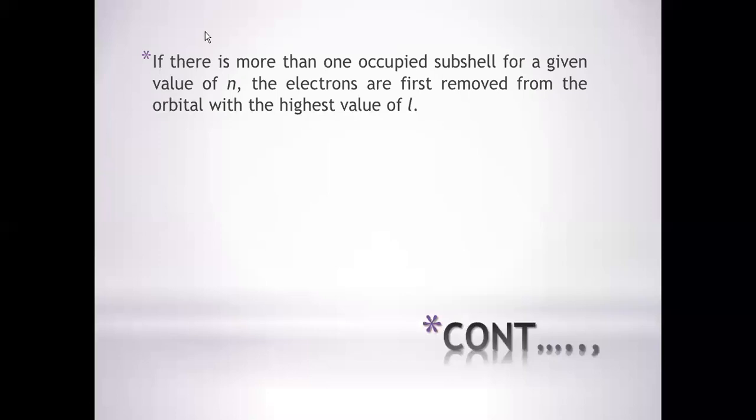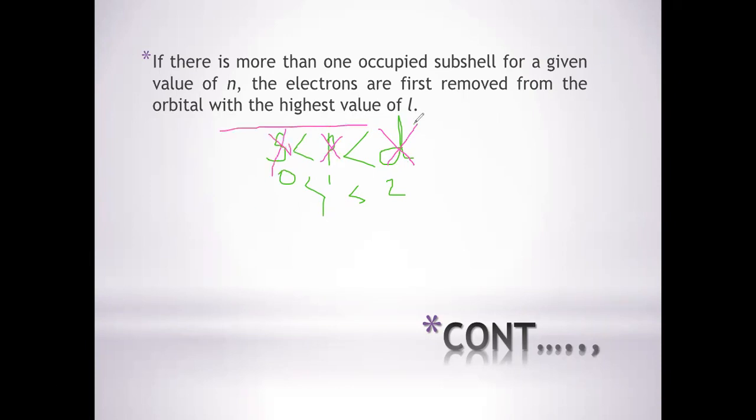The order of l values is s, p, d, that is 0, 1, 2. So which is removed first? The d will be removed first, then p, and finally s. This is the order.